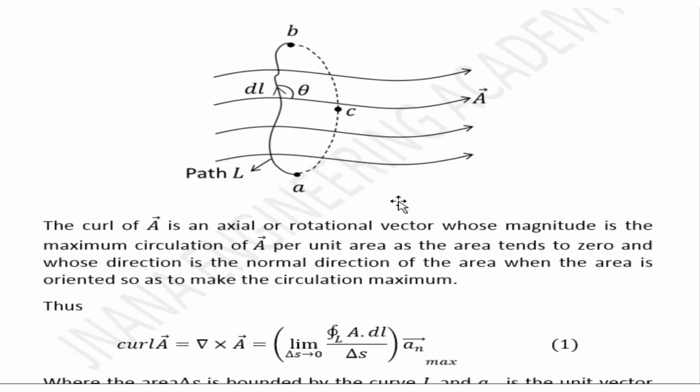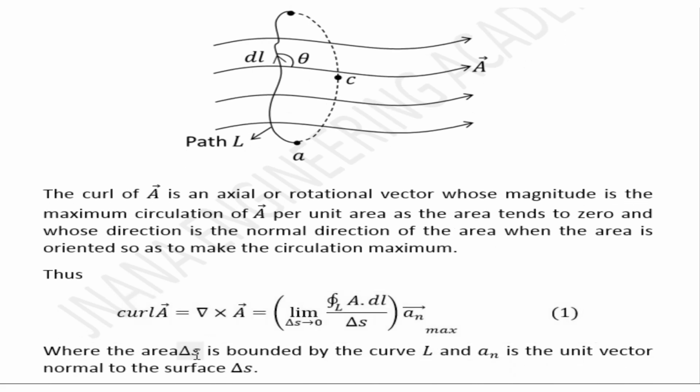Now it is defined as curl of A is equal to del cross A, that is, the limit as delta S tends to 0 of the closed integral over L of A dot dl divided by delta S, times An, the unit vector along that direction, taking the maximum value.